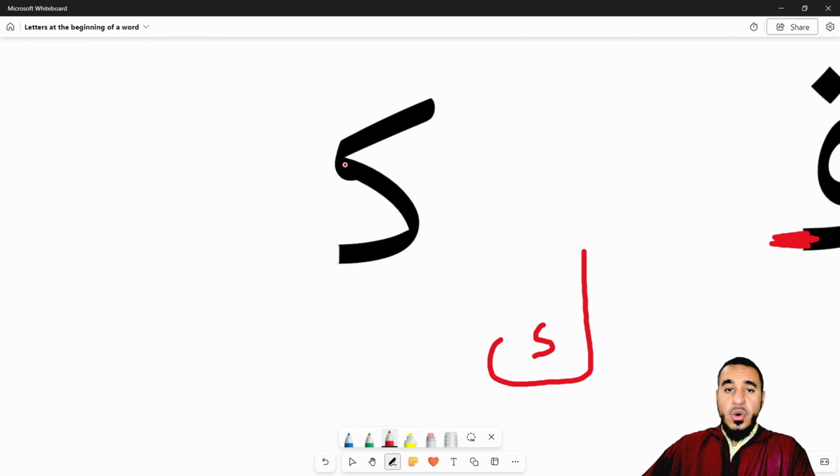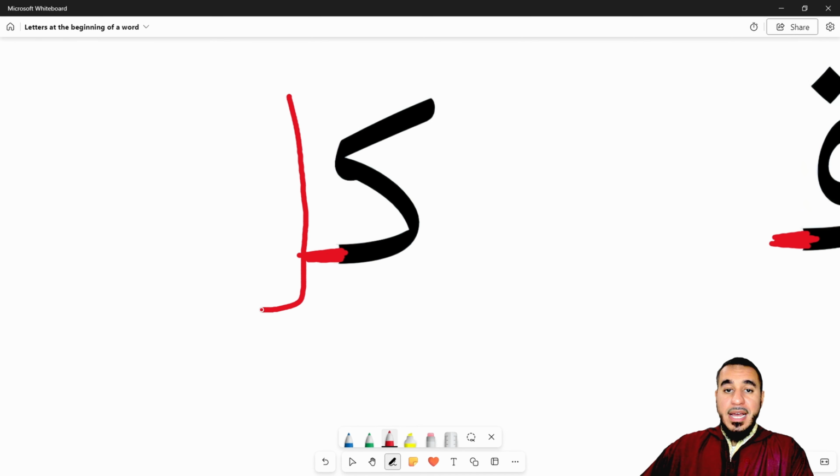Okay, so the shape changes quite a bit, and then we get rid of this little symbol that was in the middle of it. So we get rid of that, and the kaf would join to the next letter here. All right, so when the kaf is the first letter in a word, it will join to the next letter from here, like the lam joining physically here.